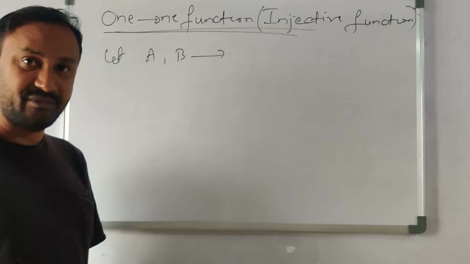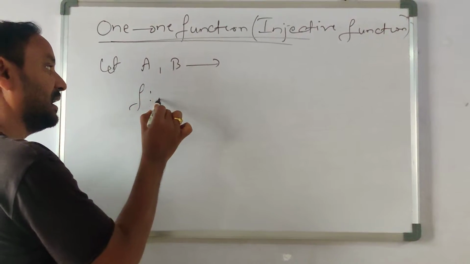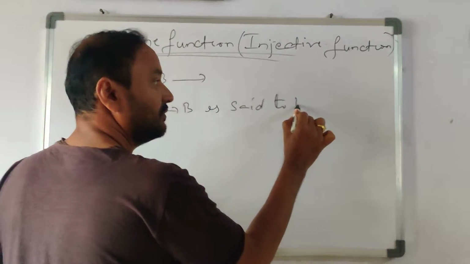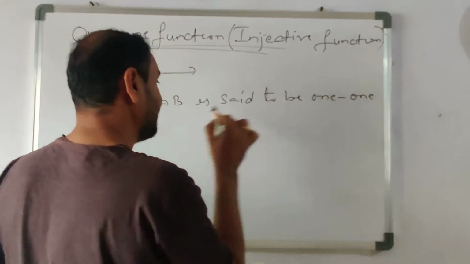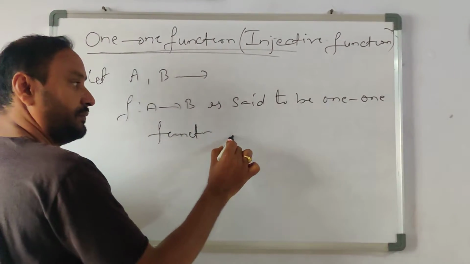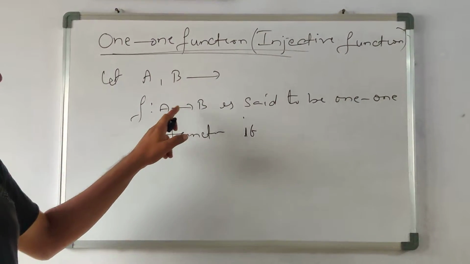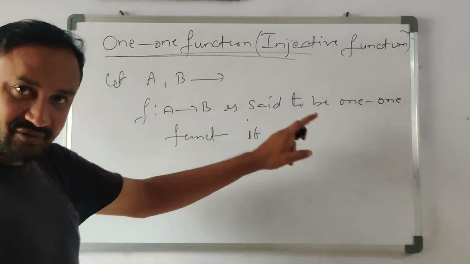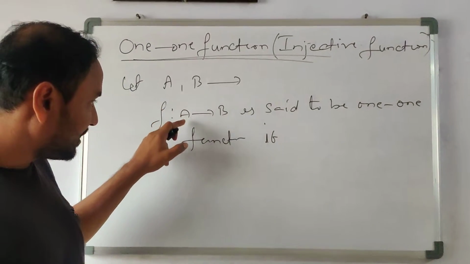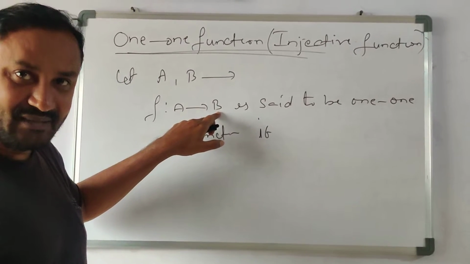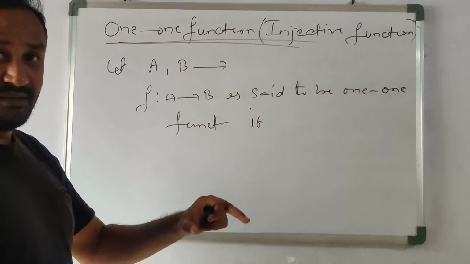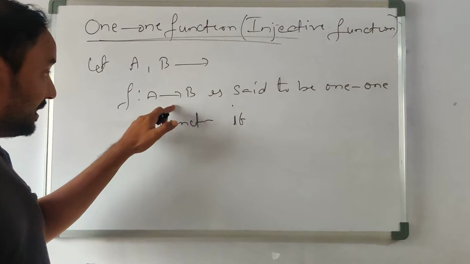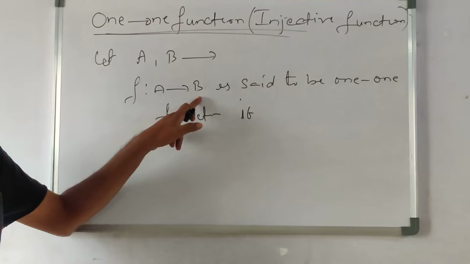The function f: A to B is said to be one-one if different elements of A have different images in B. Then it is called a one-one function. In the function definition, every element of A has a unique image in B. But here, different elements of A have different images in B.